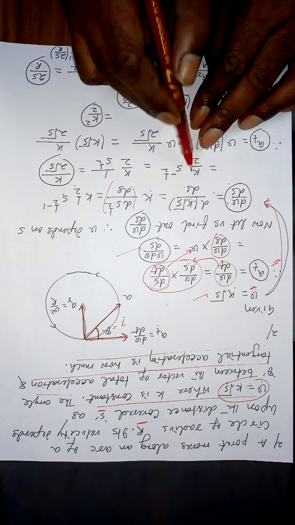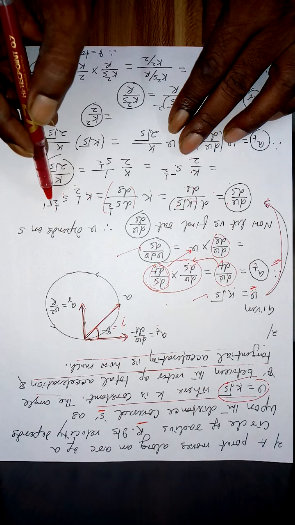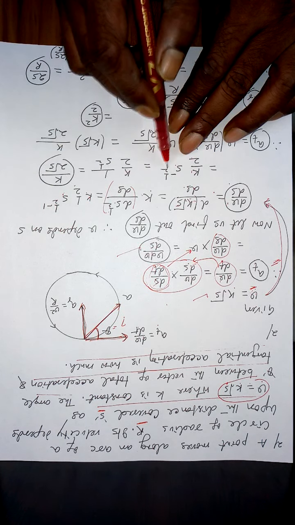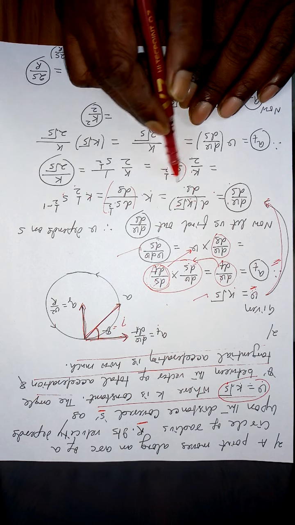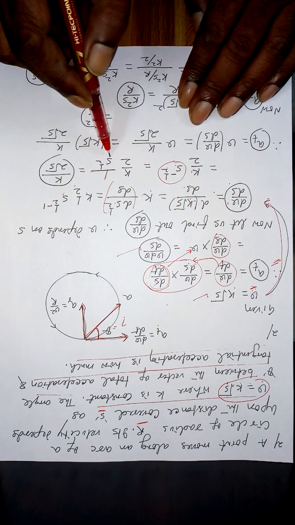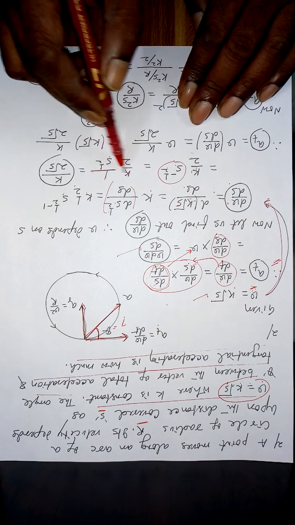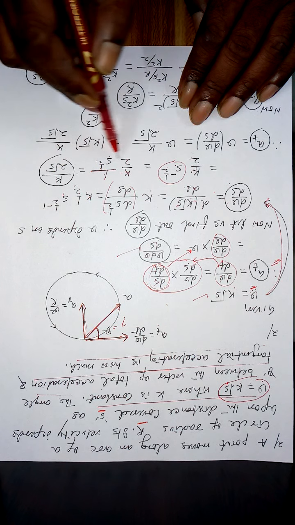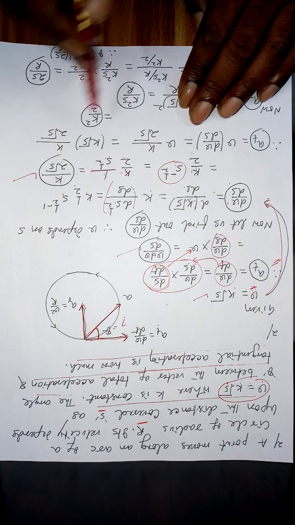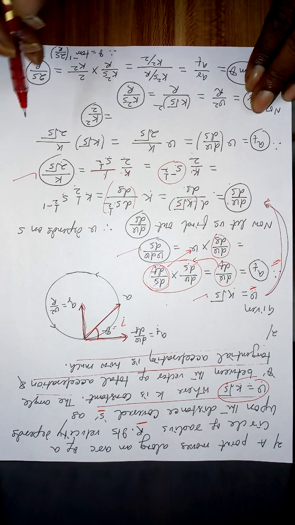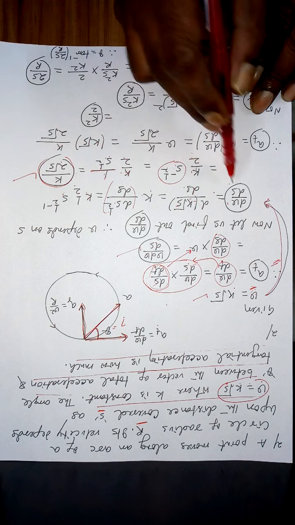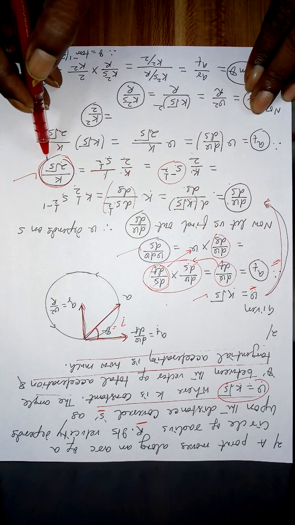So 1 by 2 minus 1 becomes minus 1 by 2. I write it as 1 over s to the power 1 by 2, and k by 2 remains as such. So this becomes k over 2 square root of s. So dv by ds is this much.